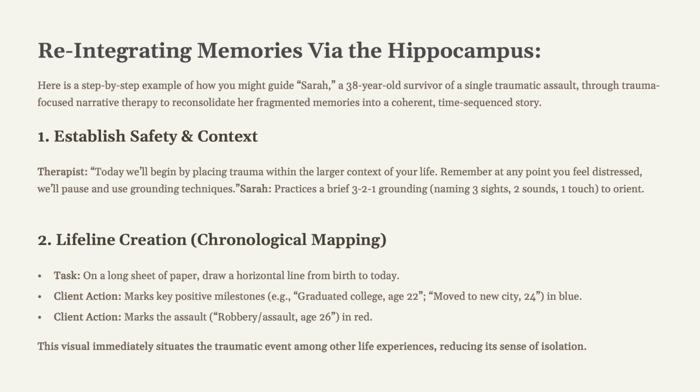This visual immediately is going to put the traumatic event in the context of their life, because what people who have a traumatic experience do, sometimes, is isolate that event as the only event that has happened to them. Putting it in context helps them to understand that this isn't the only thing that has happened to me.